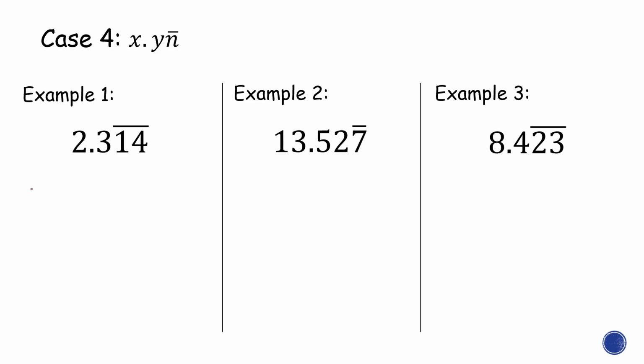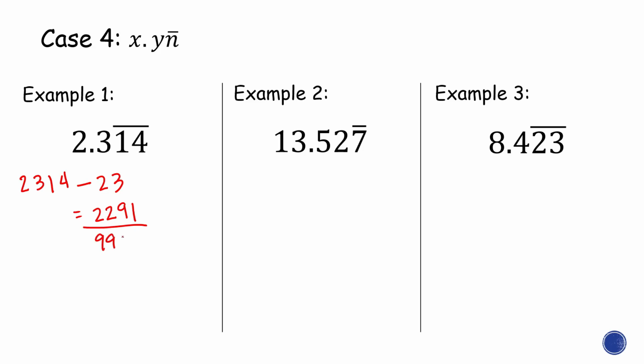Alright, let's consider example number 1. Again, you take away that decimal point. So this is 2314 minus the non-repeating digits, 23. So this is equal to 2291 over, how many repeating digits? 2.